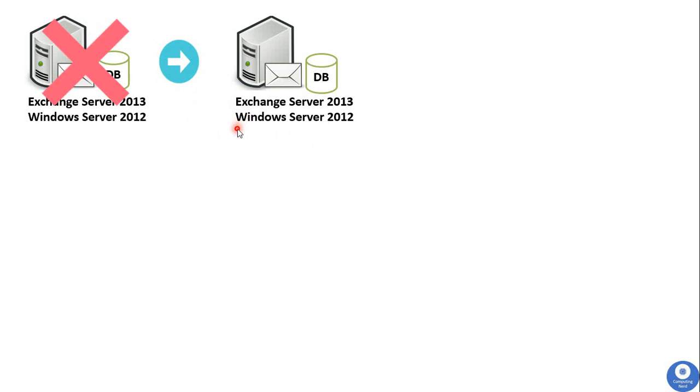We have to join the server to the domain and recover the lost Action Server on this Windows machine. So the first step is to recover the Action Server.